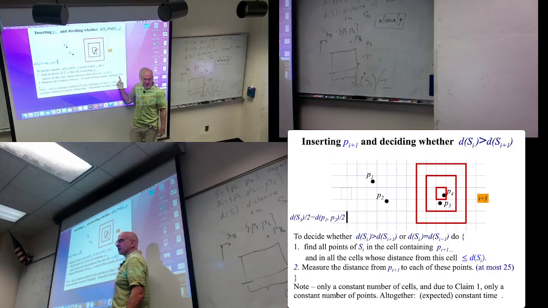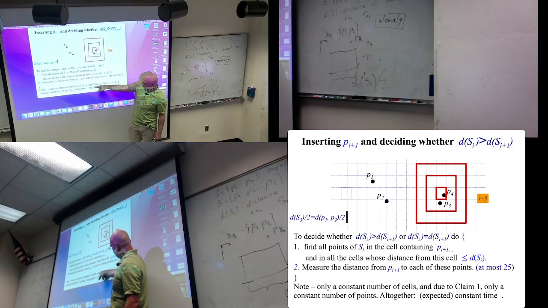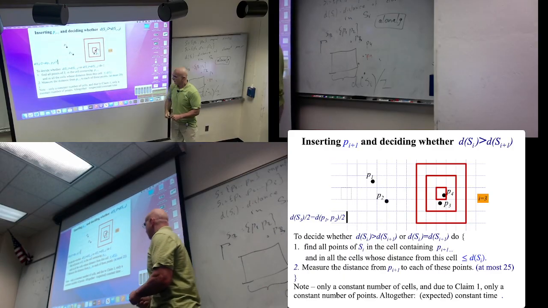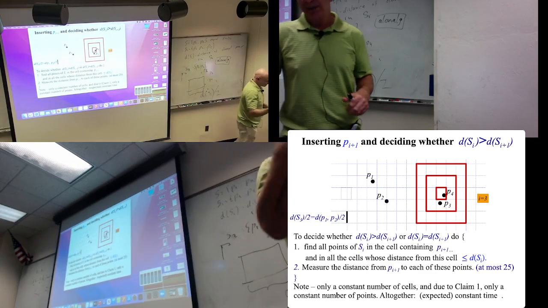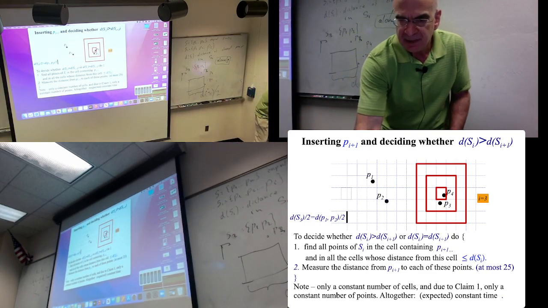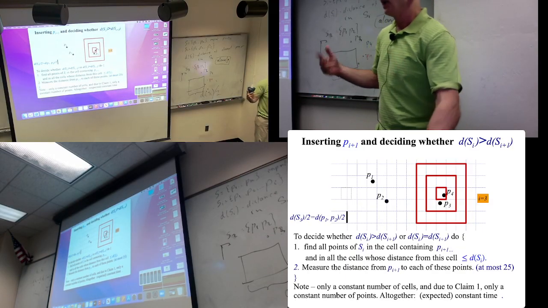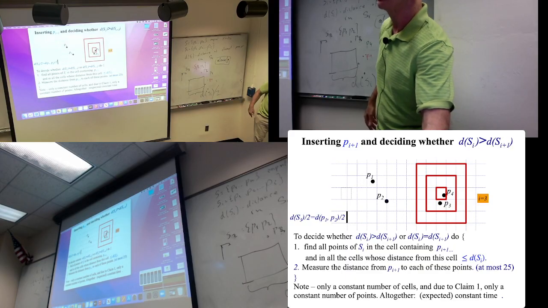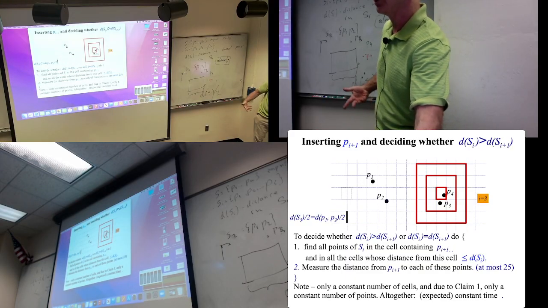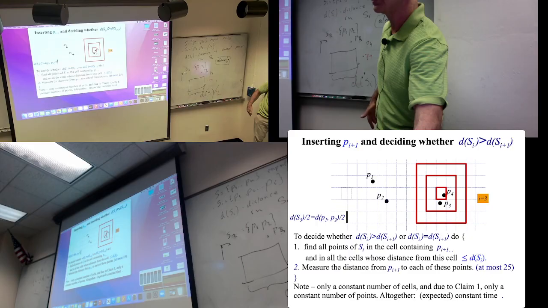It will also be a constant, but different. And because every such cell contains at most one point, it's great. Constant work, just to check if d over si has changed. Because each one is one query in the hash table, and a query in the hash table, if you know what you're doing, should take constant time. The expected work is constant.